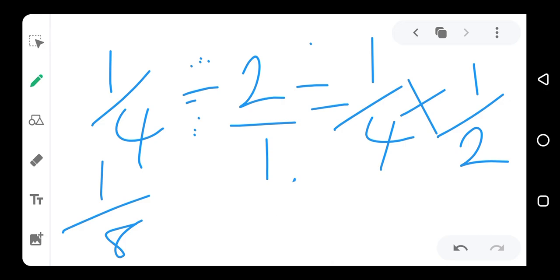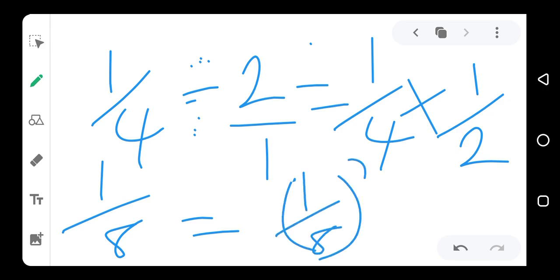Now we find the square of 1 over 8, which is equal to 1 over 8 squared. 1 over 8 squared is actually 1 over 64.